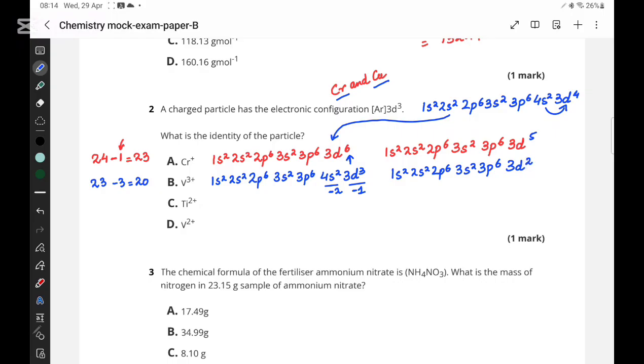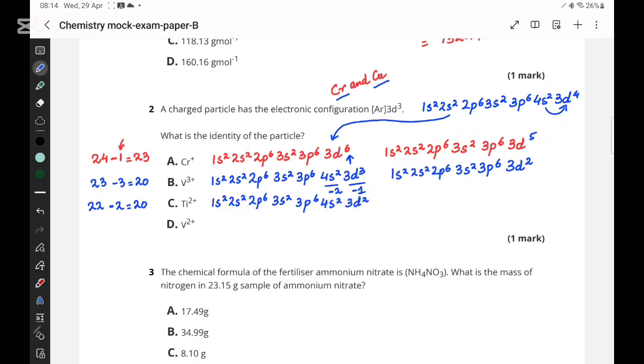Now for the next, titanium, it is having 22 electrons, and when it loses 2 electrons it becomes 20. It is having electronic configuration 1s2, 2s2, 2p6, 3s2, 3p6, 4s2, and then 3d2.